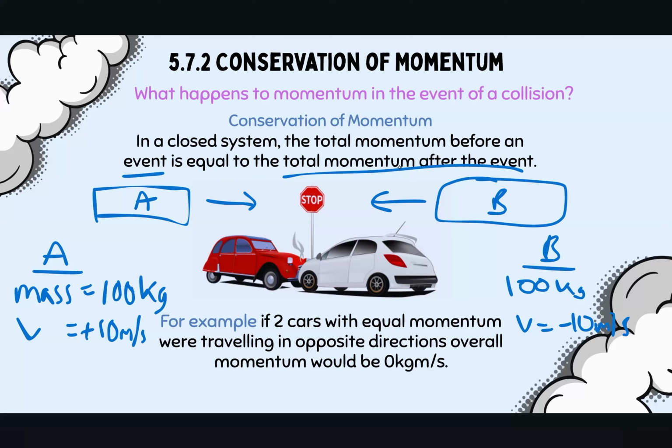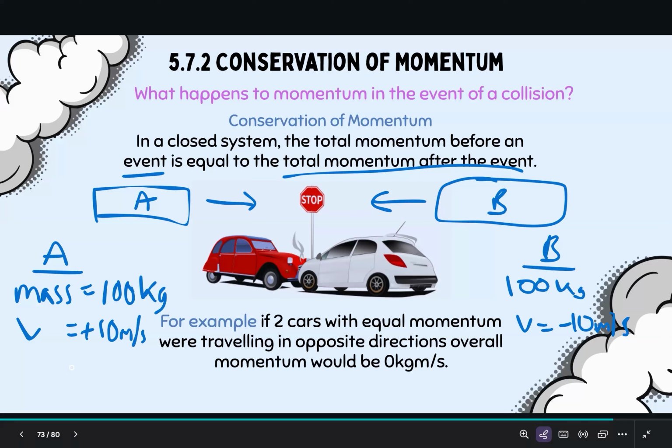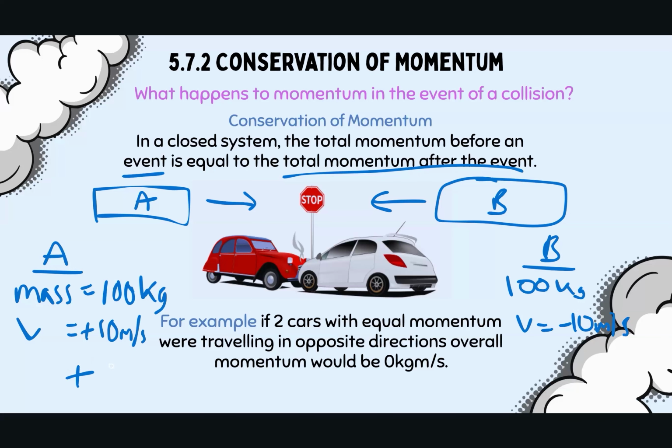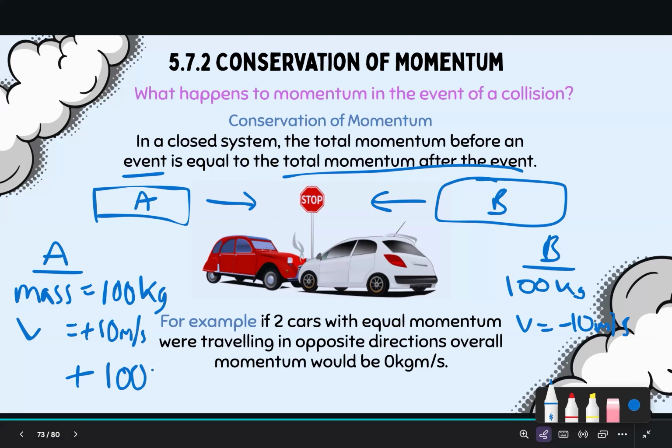Now, when these cars collide with each other, what's the momentum of A? The momentum of A, so it's mass times velocity, 100 times 10, is plus 1000 kilogram meters per second.